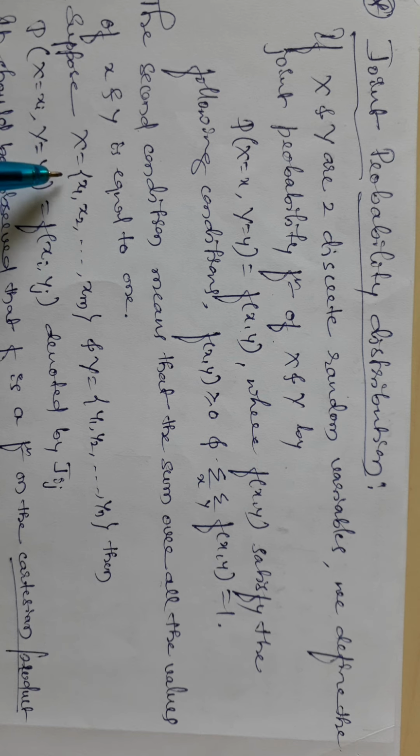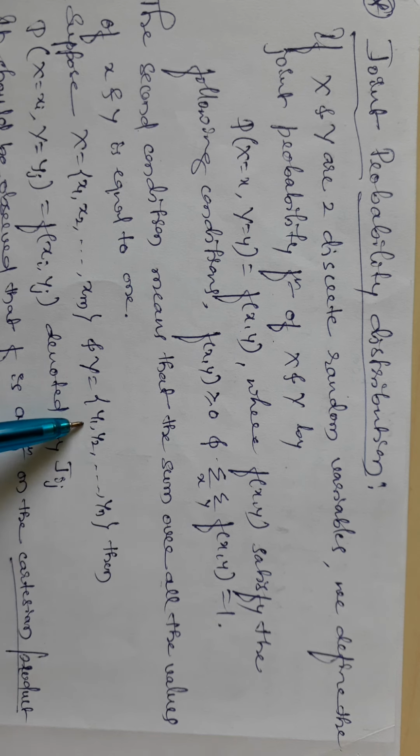Suppose X takes the values x1, x2, and so on up to xm, and Y takes the values y1, y2, and so on up to yn. Then P(X = xi, Y = yj) = f(xi, yj) is denoted by Jij.